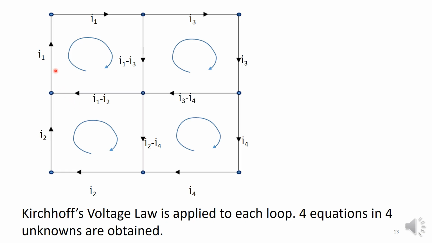The unknowns will of course be I1, I2, I3, I4. These equations will have a unique solution, and we'll obtain the values of I1, I2, I3, I4, and we'd be able to find the current in each of these branches. So we'll solve the electrical circuit problem. So this is the method of loop currents.